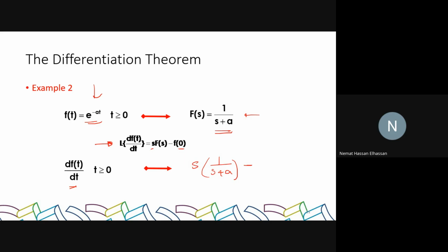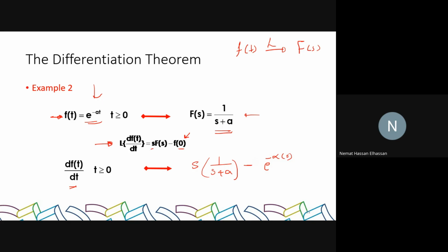f of 0 means the value of the function when t is zero. If you notice, f of t is a small letter f and F of s is a capital letter F, right? So this f refers to the function in time, which means I go back to here and replace t by t equals 0: e power minus alpha times 0.